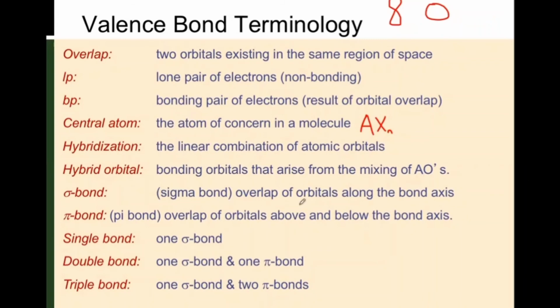A sigma bond is the overlap of orbitals along the bond axis. So that's, you know, this idea of hydrogen. So that's a sigma bond between those. A pi bond then is overlap of orbitals above and below the bond axis. Well, it doesn't work in hydrogen, but it can work for carbon. So if we have a carbon bond, it's a sigma bond that I've drawn right now.